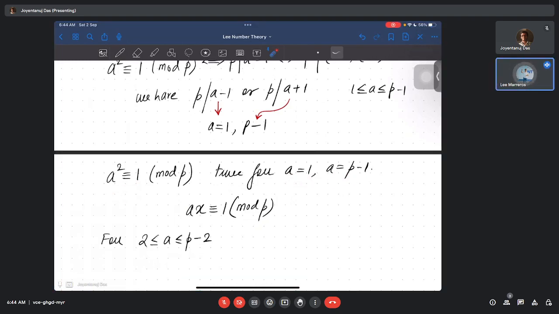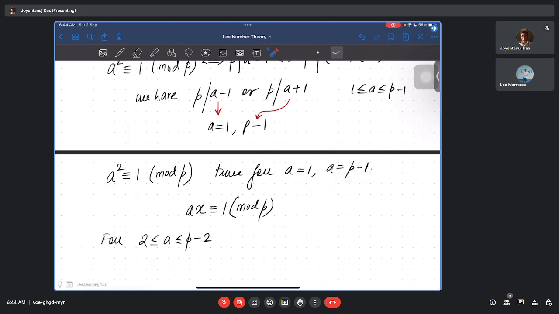If a equals 1, then x is also equal to 1, and you get 1 mod p. But when a is equal to p minus 1, then x is also p minus 1, because if you square p minus 1, you get 1 mod p again. So for these two, the value of x is a itself.